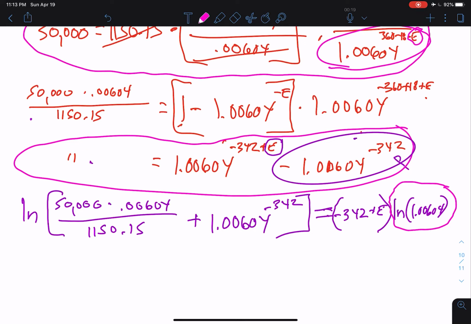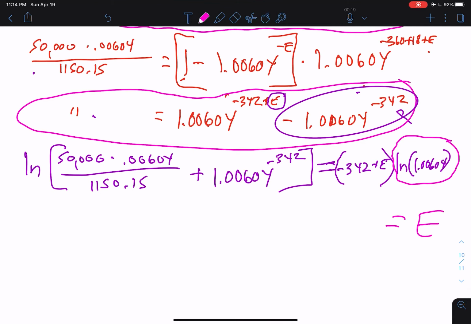If I do that over here, I'll just be left with E, which we're solving for, and then let's see what we get on the other side. Well, it's pretty obvious. Let me erase this. Now I'll change the color to blue. What we're going to be left with is the following. We have E over here.